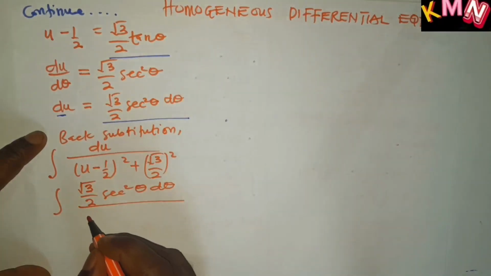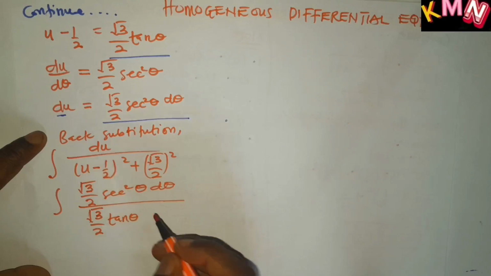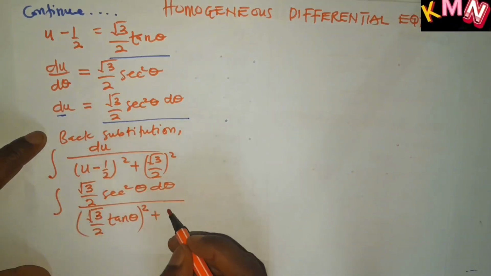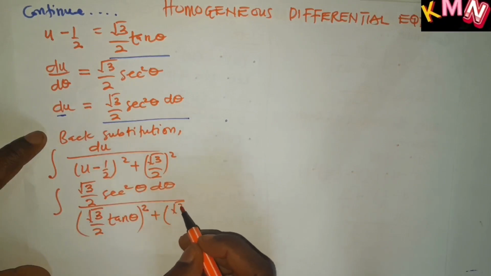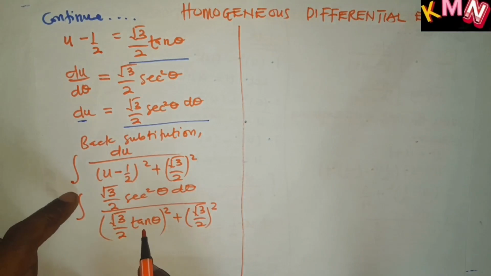So we're getting root 3 on 2 tan theta, squared, plus root 3 on 2.